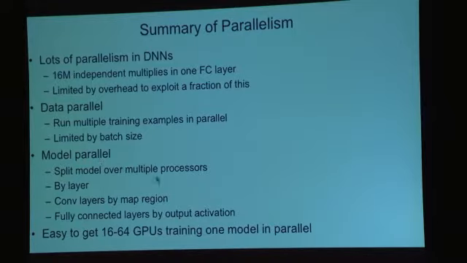You can do model parallelism, where you split the model up over the GPUs, splitting it by layer, the convolutional layers by the regions of the output maps for that layer, and the fully connected layers by output activation. And it's very, very easy to get, say, 64 GPUs working on one problem by basically splitting a model over 8 GPUs and then copying that unit and doing data parallelism over 8 copies of that unit.